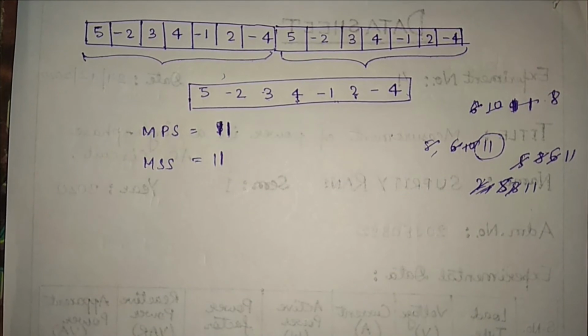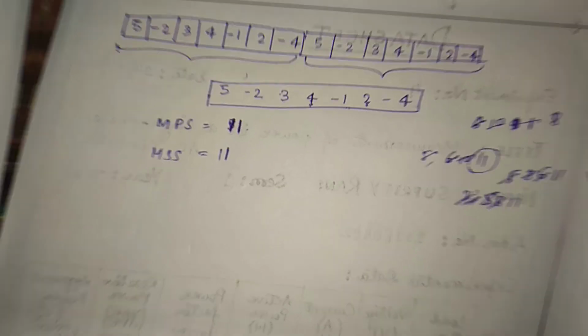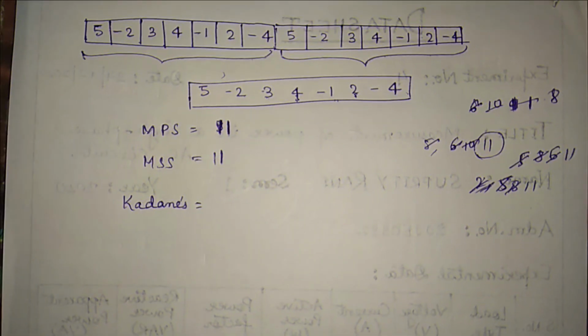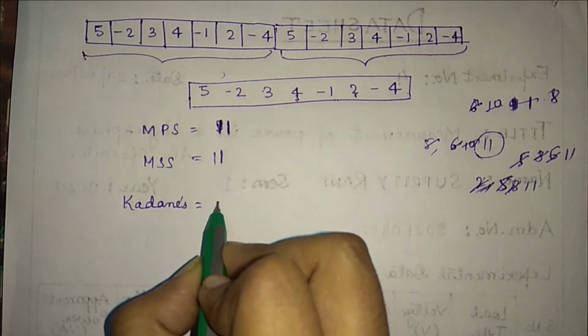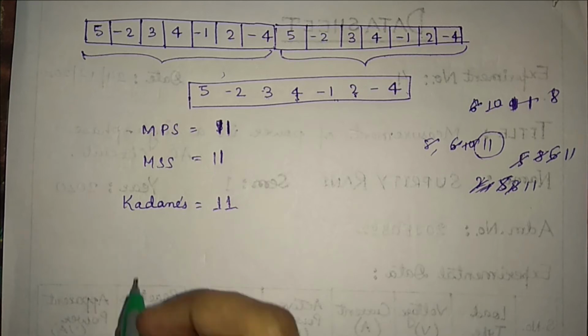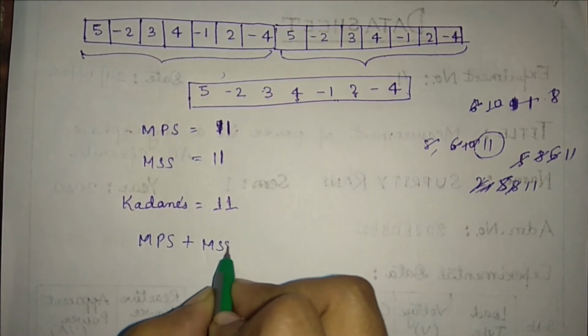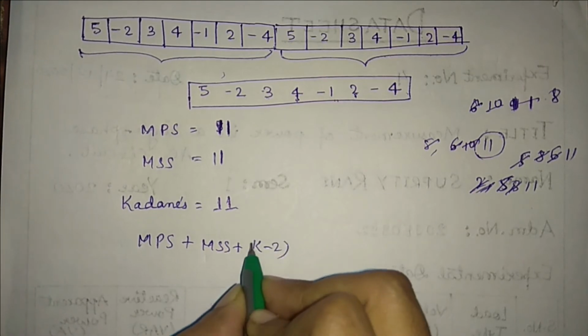So now we will continue to apply our formula on this problem. If you apply Kadane's algorithm to this problem, it will result in 11 maximum sum. Now we will find the maximum sum from MPS plus MSS plus k minus 2 times the total sum.